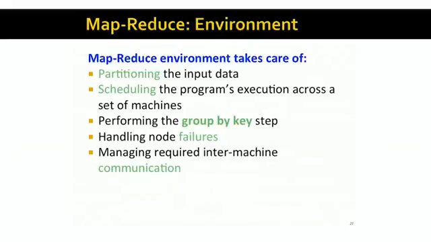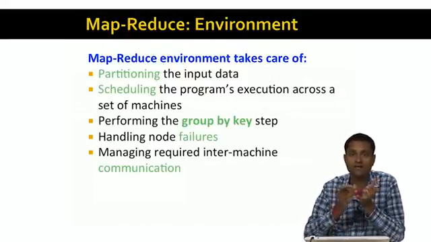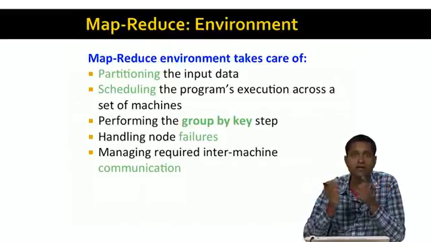So remember, the programmer provides 2 functions, map and reduce, and specifies the input file. The MapReduce environment has to take care of a bunch of things. It takes care of partitioning the input data, scheduling the program's execution on a set of machines, figuring out where the map tasks run, where the reduce tasks run, and so on.